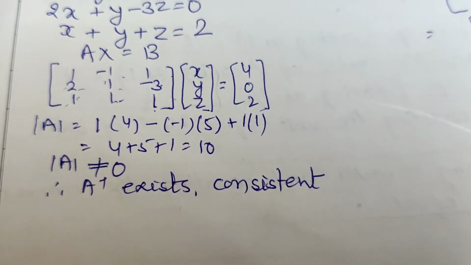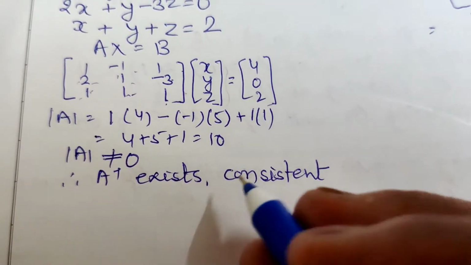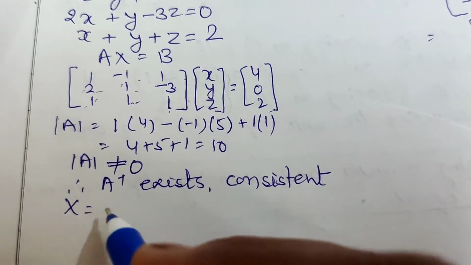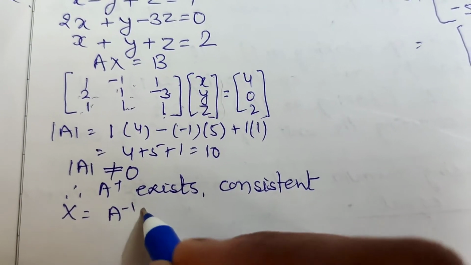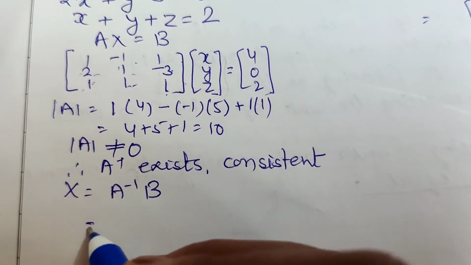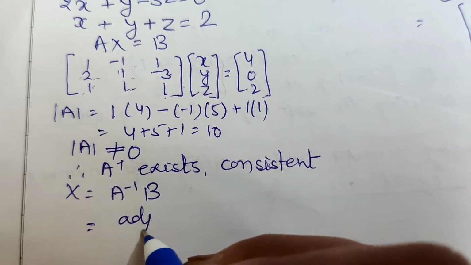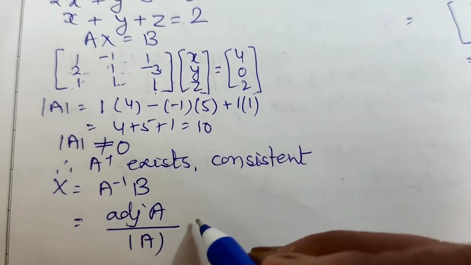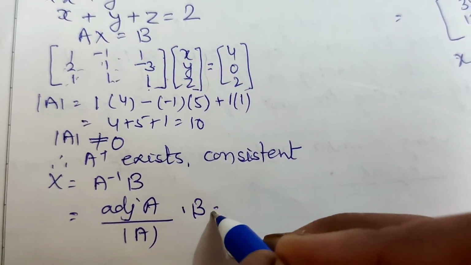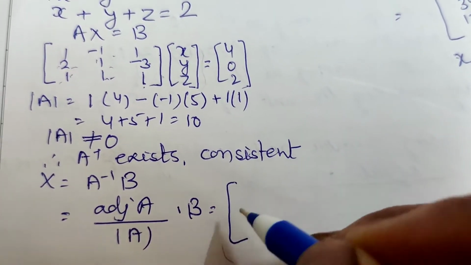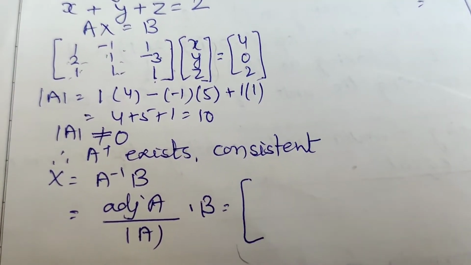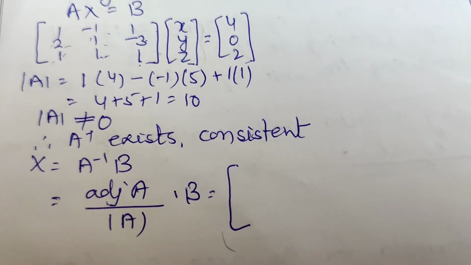Okay. Now find the value of x. How can we find the value of x? x equal to A inverse B, and A inverse equal to adjoint of A divided by determinant of A. Now the adjoint of A: you can write the adjoint of A as the transpose of the cofactors.